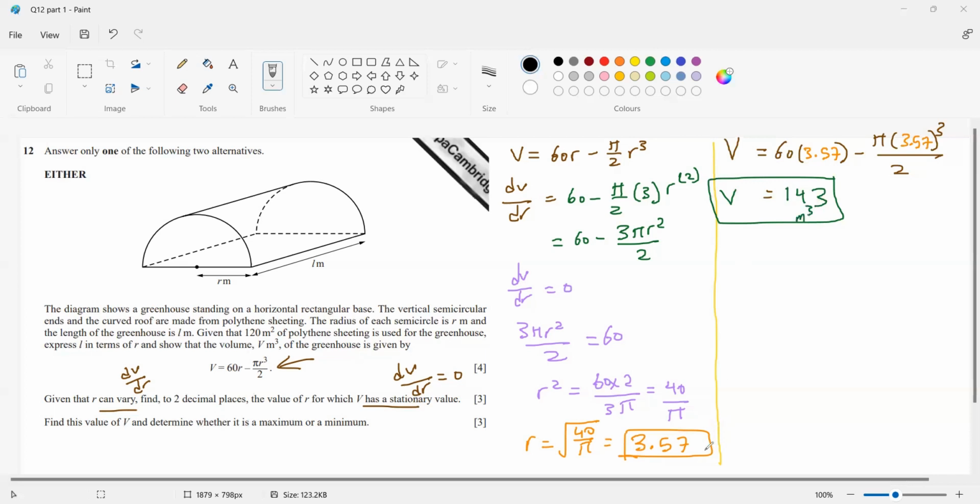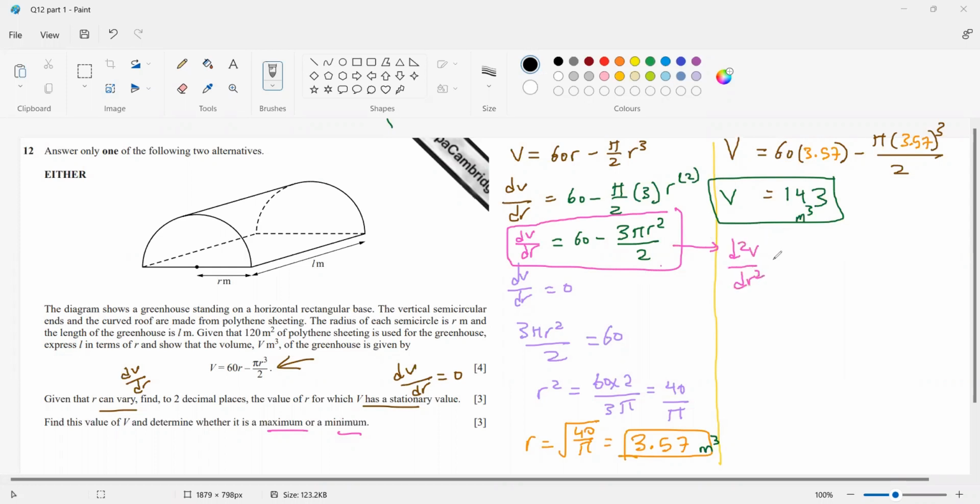Now we need to figure out whether it's a maximum or a minimum. How do we do that? We need to differentiate this part further. That's the second differential, meaning this one is dV/dr, right? Let's put a box around it and an arrow, so it's easy to see that we're going to do a second differential on it.